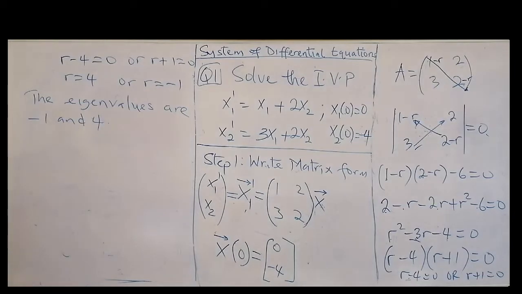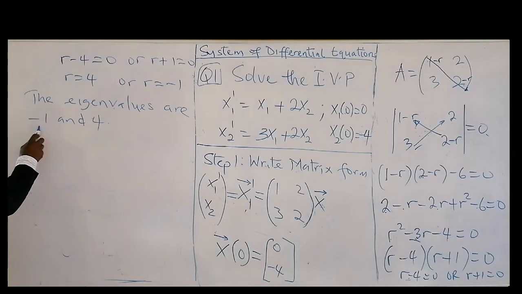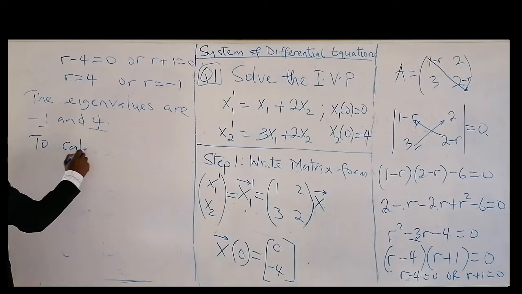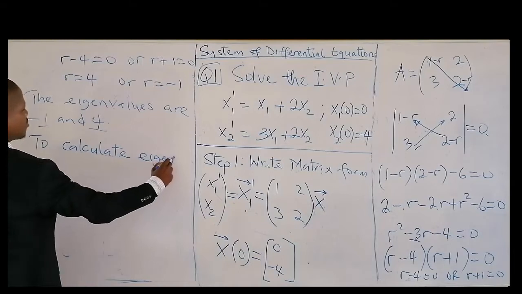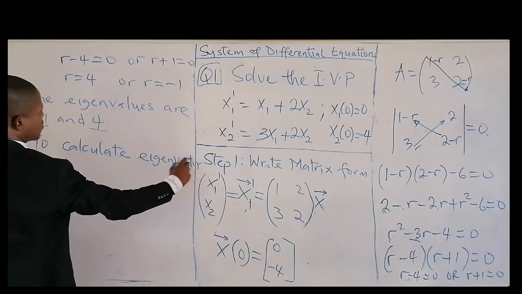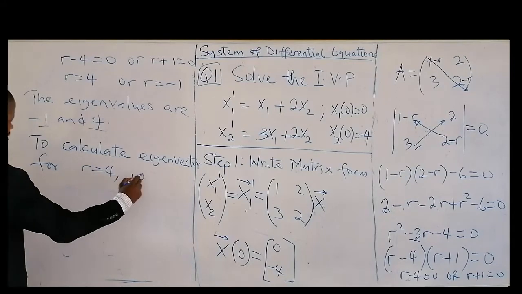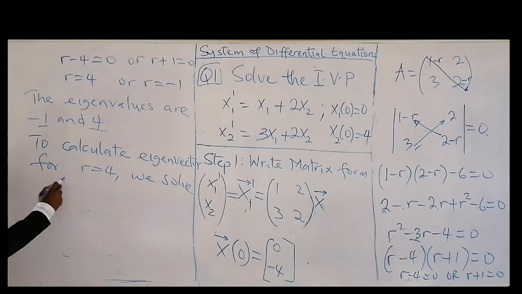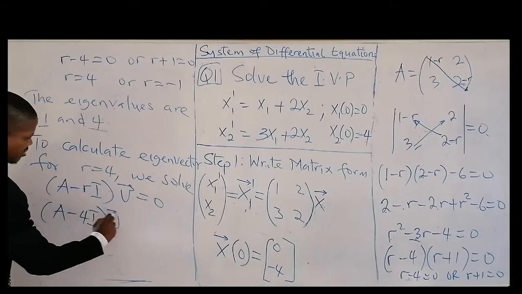Okay? So the next thing to do now is to calculate the eigenvector for the respective eigenvalues. To calculate the eigenvector for r equal to 4, we solve this system: A minus 4I equal to 0.